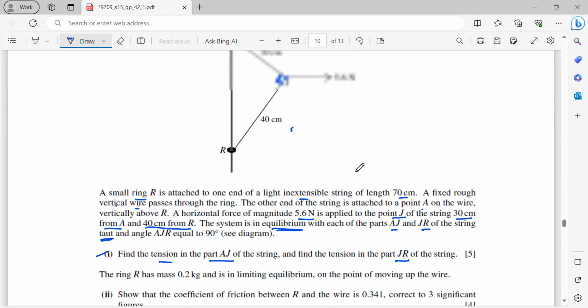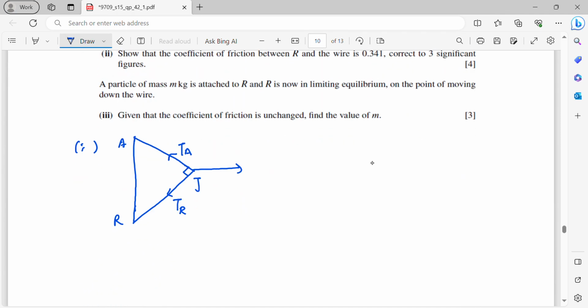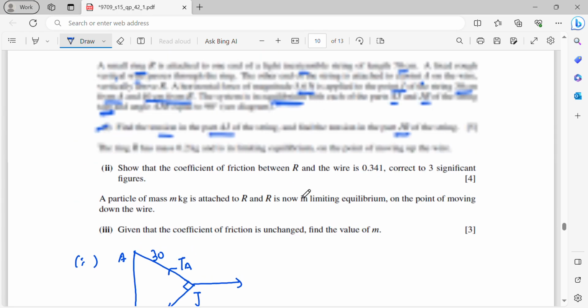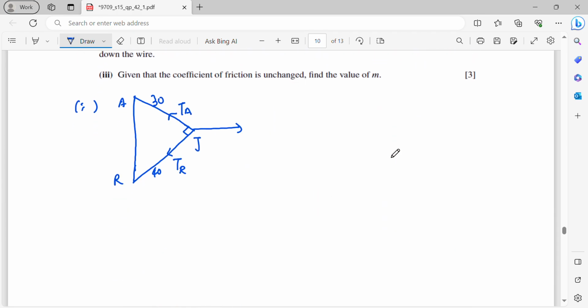And then we know that here is 40 centimeters, and this is 30 centimeters. The horizontal force is 5.6.